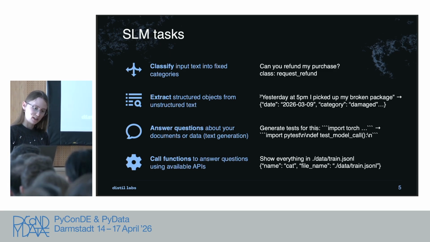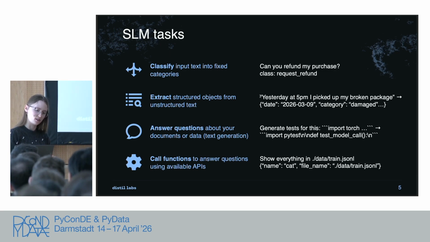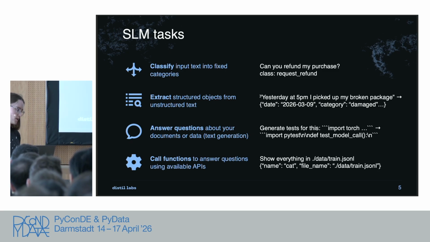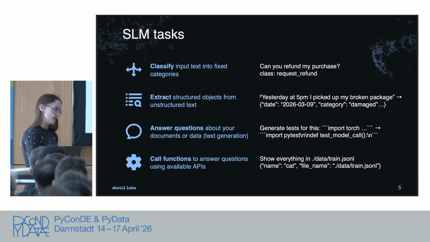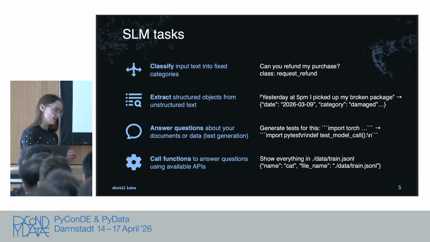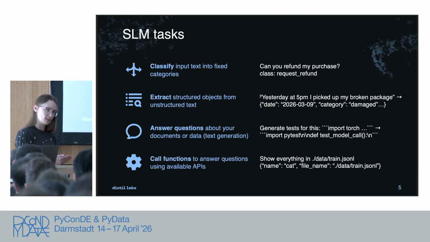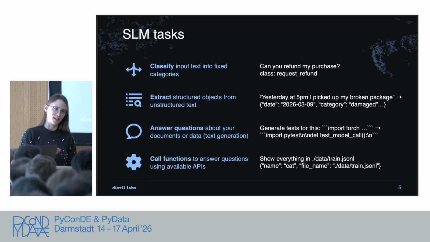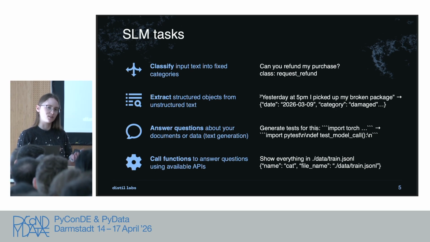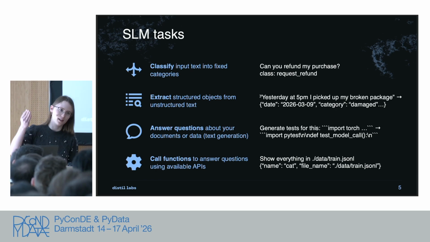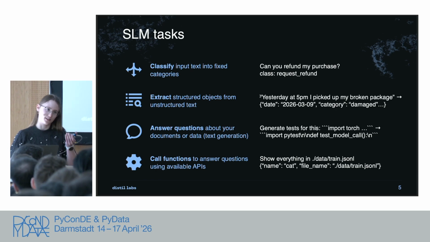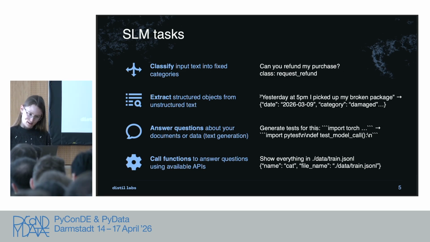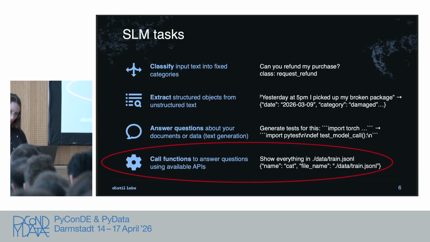And then question answering, and in general text generation is also a good task for an SLM, but if it gets more and more complex, let's say with coding assistance, if your SLM has only a few hundred, let's say 300 million parameters, it gets harder and harder to make it do the task. So maybe there's also a trade-off between the tasks that an LLM can do and what an SLM can do. And today we will be focusing on function calling.